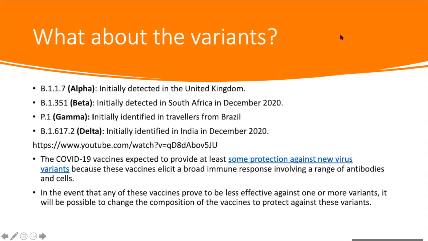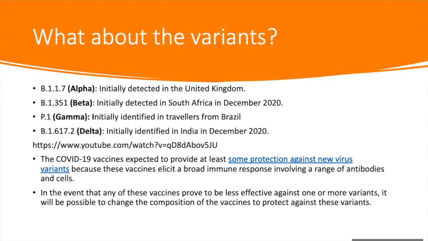So this is where we discuss the variants. At present, there are 4 variants that we know of: the alpha, beta, gamma, and delta. Currently what's really affecting us, or what seems to be spreading quickly and also affecting younger people, is the delta variant.